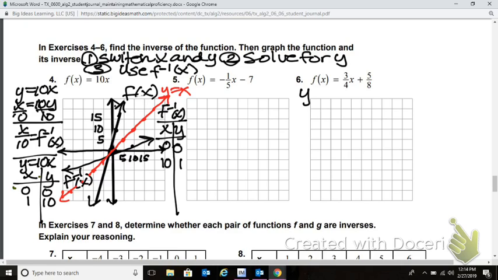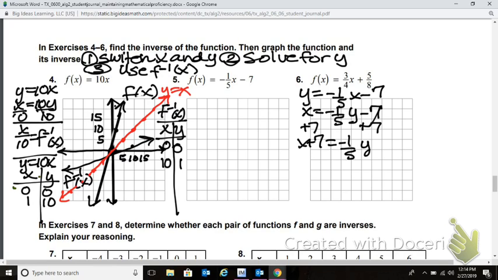So we'll go y equals negative 1/5 x minus 7. So we will switch our x and y. And then to solve for y, we'll add 7 to both sides. And then since that's y times negative 1/5, we'll do divided by negative 1/5.